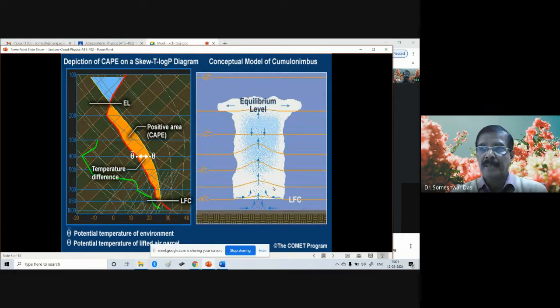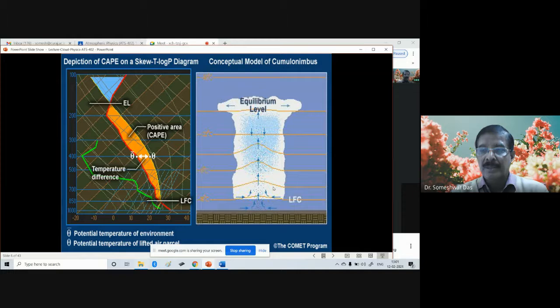But if the air is mixed with some dust particles or aerosol particles, then condensation starts quickly because the aerosol particles act as a base or platform for condensation to occur.